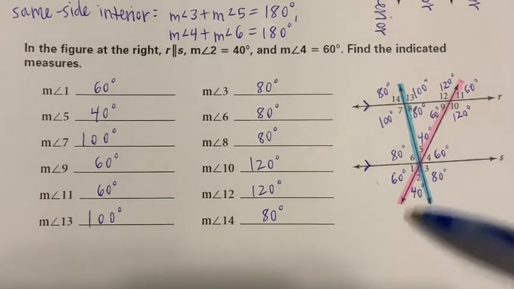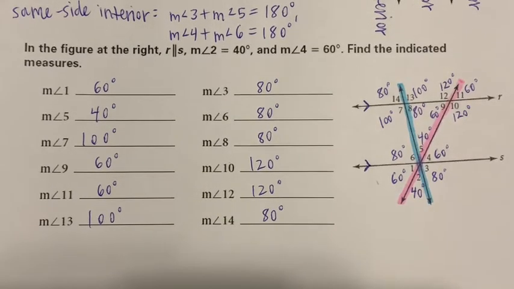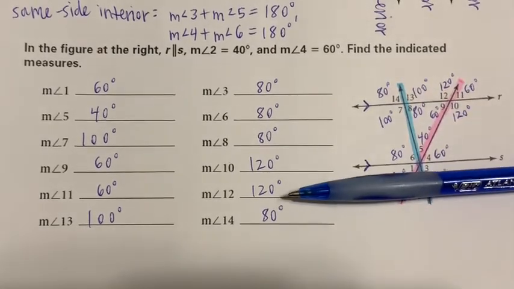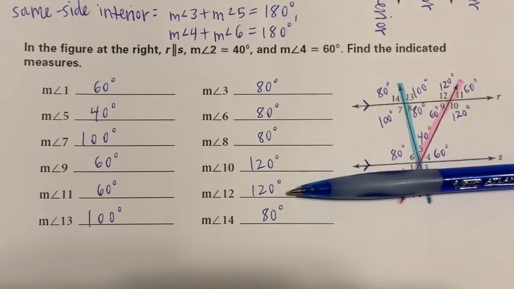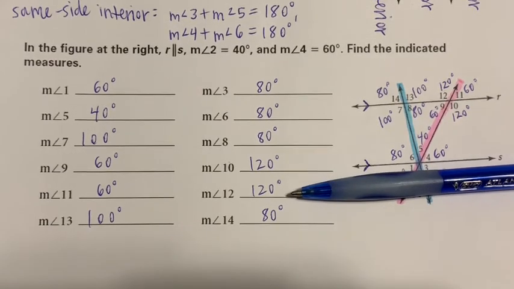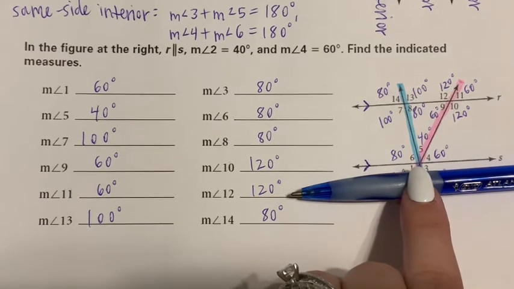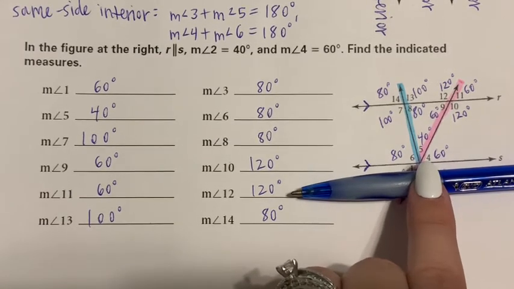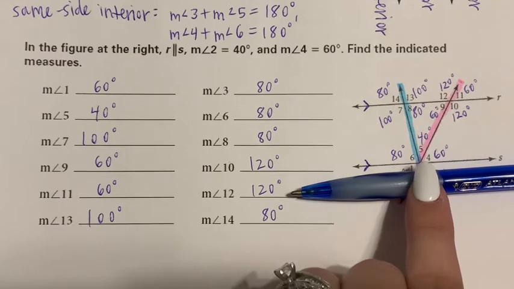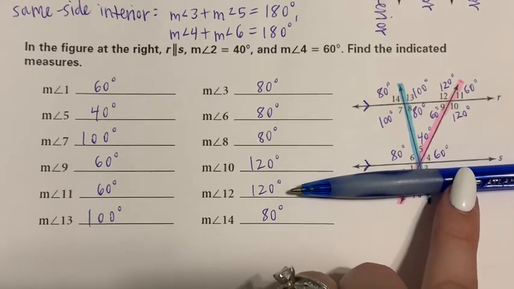We were only given 2 angle measures to start, and so we had to use our knowledge about vertical angles, linear pairs, meaning, for example, right here, I can see that these 3 angles, angles 4, 5, and 6, have to add to 180 degrees. So let's say you knew angle 4 and angle 5. 60 plus 40 gives you 100. So then you would know this third angle would have to be 80 because all 3 of them have to add to 180.